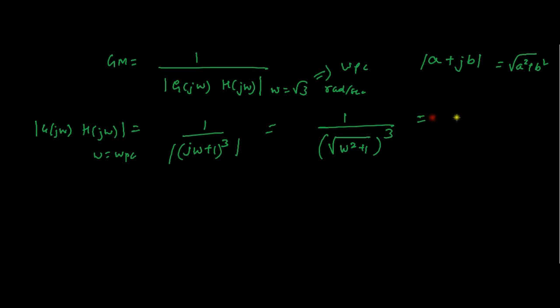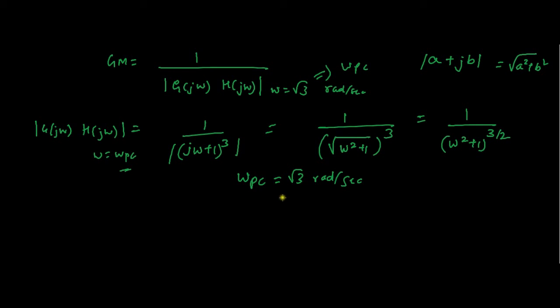By the definition of root, we can further express this as (omega square plus 1) whole raised to 3 by 2, where the 2 has come from the root sign. If we want to find the magnitude at omega equal to omega pc, we need to substitute the value of omega pc in place of omega. The phase crossover frequency in our case is root 3 radian per second.